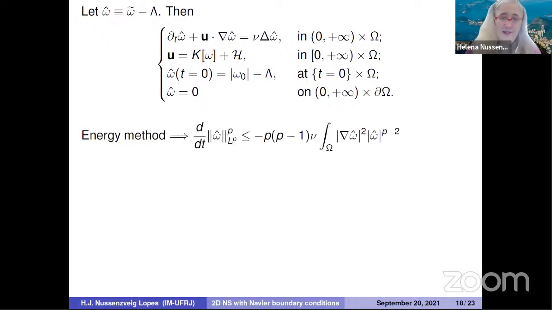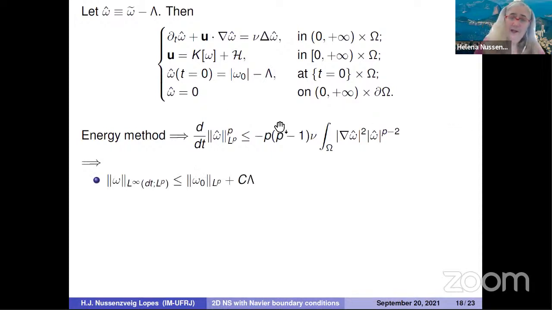So a simple energy method gives you the following estimate for d/dt of the LP norm to the pth power of omega hat. Okay, so since this quantity is always negative, you trivially get that the LP norm of omega hat is less than or equal to the initial omega hat.